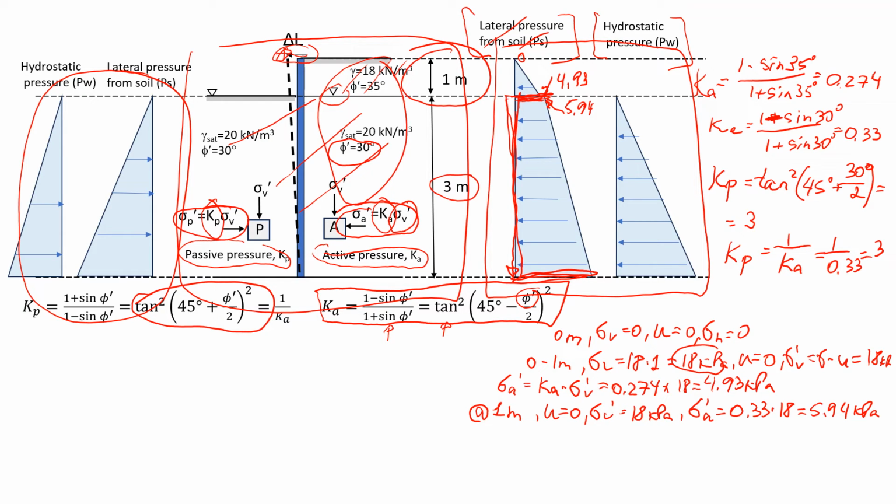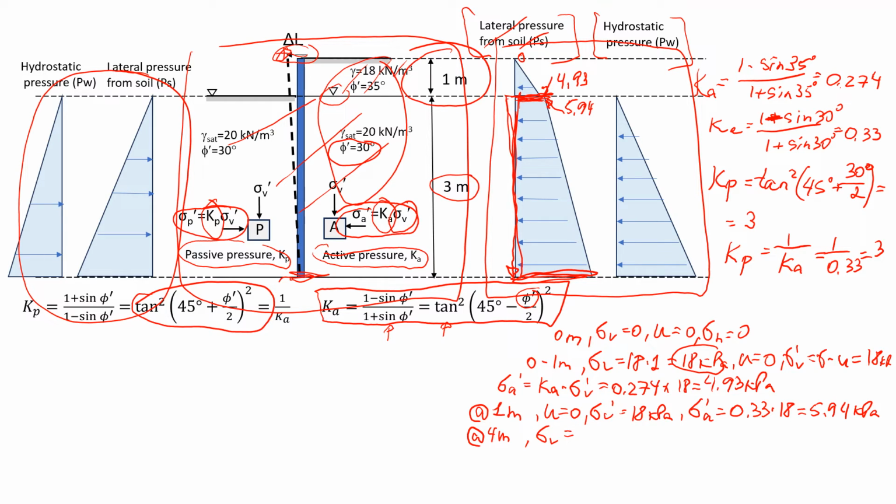Okay, now we're going to look at the bottom of this layer, because that's the end of the layer and also the end of the wall. So I'm going to write here at 4 meters. Let's estimate the total vertical stress.